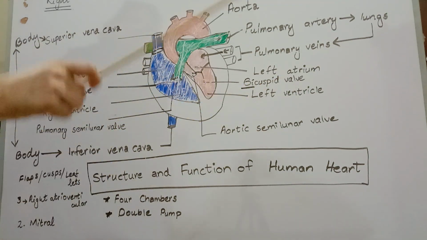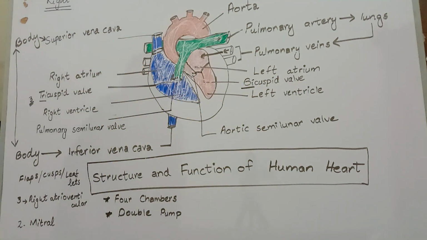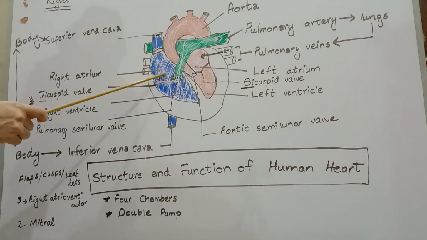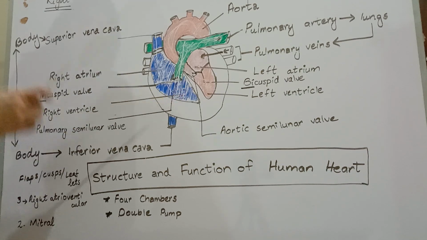Now let's talk about the four valves present in the human heart. The first valve is present between the right atrium and right ventricle, and it is called the tricuspid valve. Tri means three. It has three flaps, cusps or leaflets.